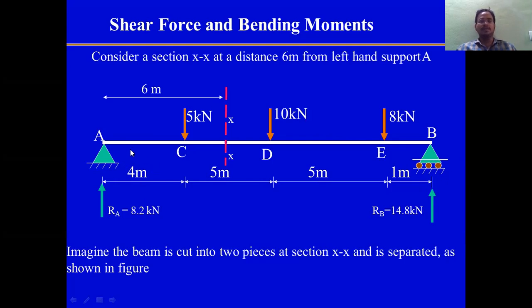It is acted upon by forces 5 kilonewton over a length of 4 meter, and at 5 meter distance 10 kilonewton, again 5 meter distance 8 kilonewton, and over B it is 1 meter length. Then you should find the reactions by using summation of vertical forces equal to 0, and the bending moment at a point is 0.